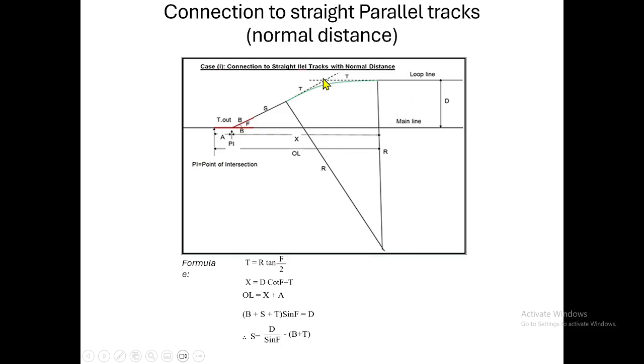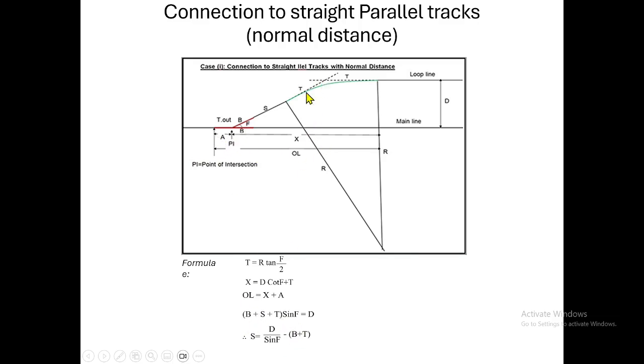As discussed in the crossover, in the earlier first example I gave, this distance is d cot F. That means d by x equals tan F. We want the horizontal distance, so it is d into 1 by tan F, and 1 by tan F equals cot F. That's why we take d cot F. Up to this point we come here, and after that we add T, so we get the total distance: x equals d cot F plus T. Then the overall length is equal to x plus A.